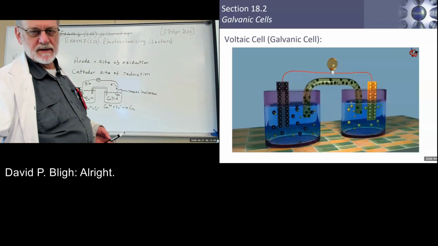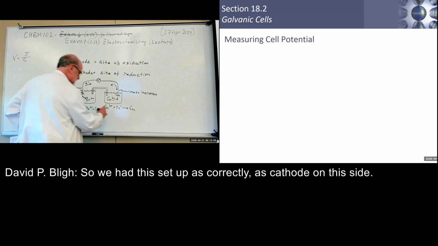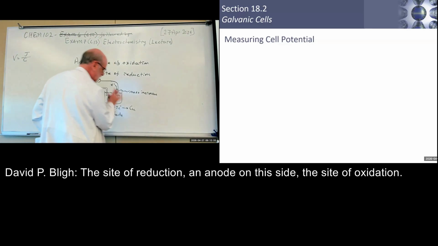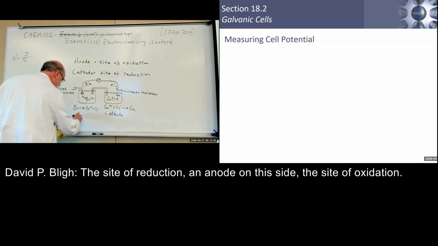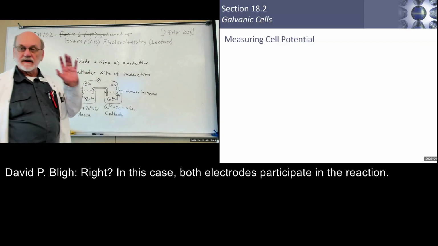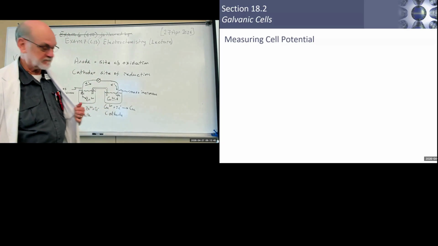Okay. All right. So we had this set up as correctly as cathode on this side, the site of reduction, and anode on this side, the site of oxidation. In this case, both electrodes participate in the reaction.